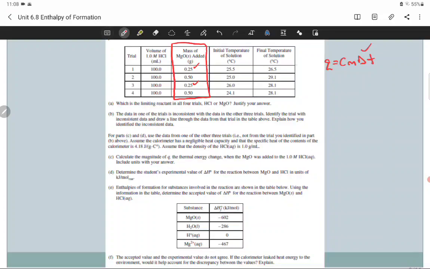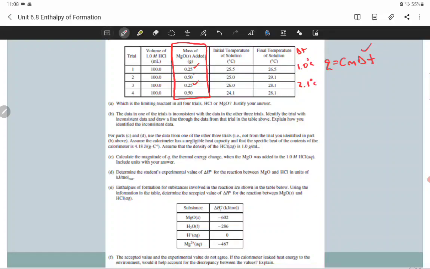That's a difference of 1.0 degrees Celsius. But the trial 3, now you get 2.1 degrees Celsius. Well, that's not consistent. You should get the identical same amount of delta T. So now we're down to, is it trial 1 or trial 3?